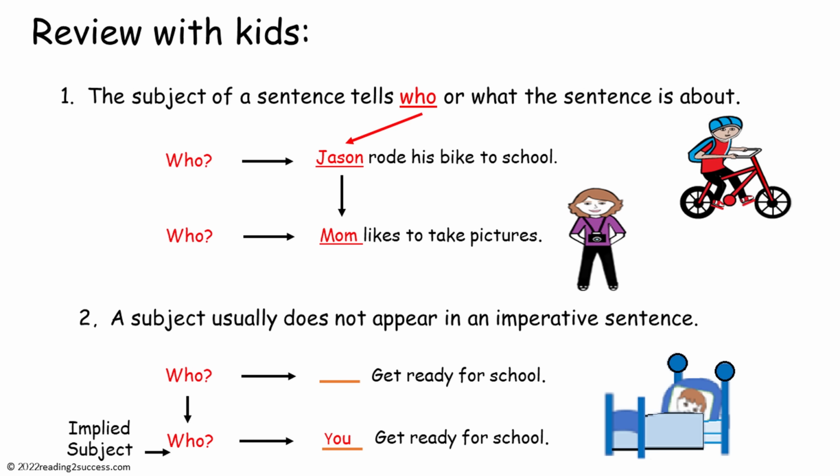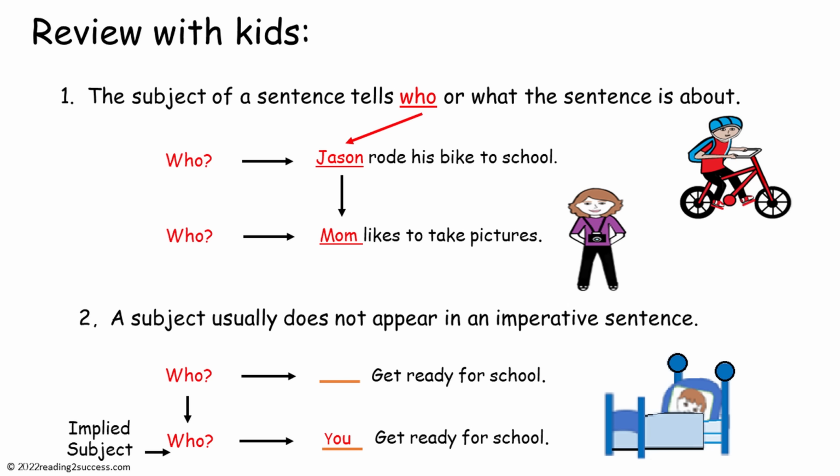Before continuing, review with kids. Number 1, the subject of a sentence tells who or what the sentence is about. In the sentence, Jason rode his bike to school, the subject is Jason. In the second sentence, Mom likes to take pictures, Mom is the subject.